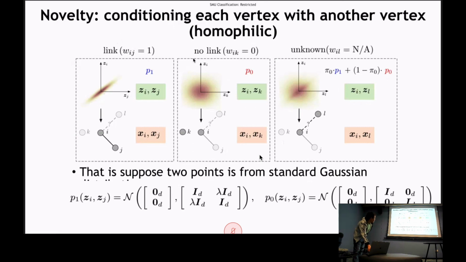And in case there is no link between the two vertices, they will use this distribution as the standard. Let's talk about this later. And in case there is no edge information between the two vertices, we just take some proportional value between the two distributions.